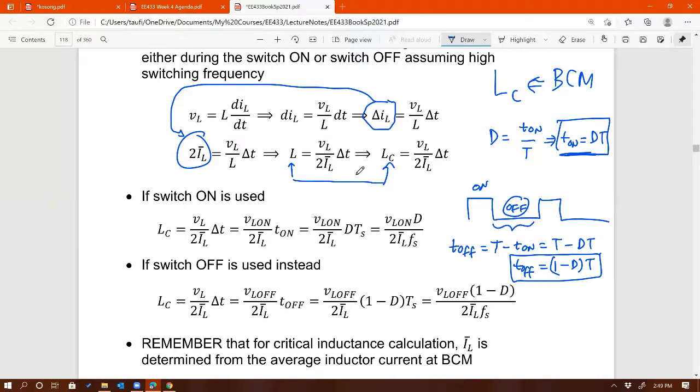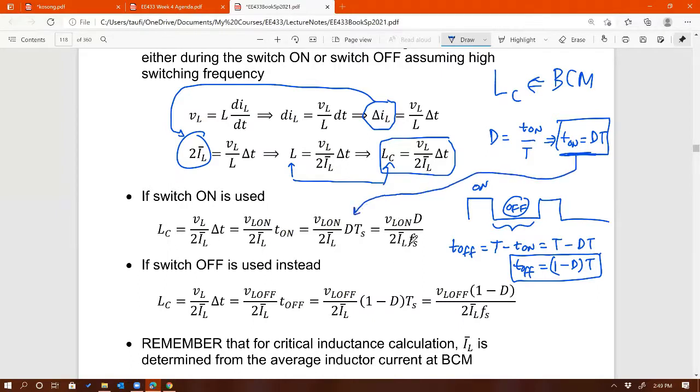All right, so if I use the switch on time in this equation, then LC, critical inductance, is equal to VL over 2 IL times delta T, and that delta T is actually T on, which is equal to dT, as I derived earlier.